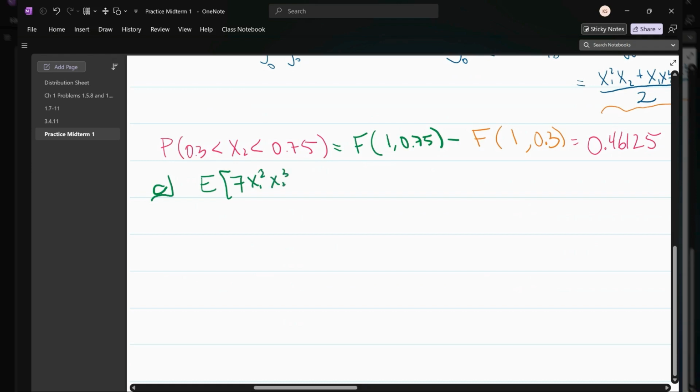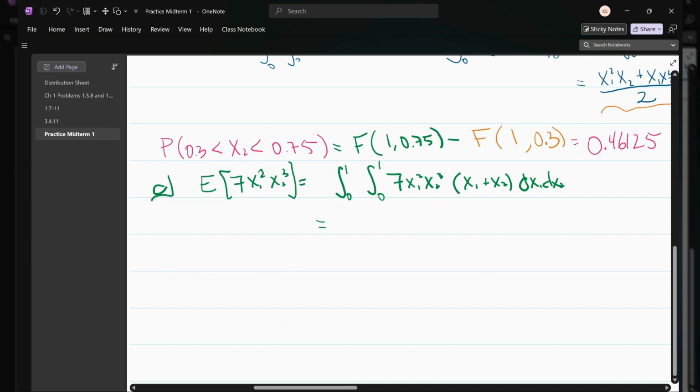So straight up, just finding that expected value would be a double integral, integrate the quantity times the PDF, and I'm using X1s and X2s because we are working with the actual expectation, not a CDF or anything like that.